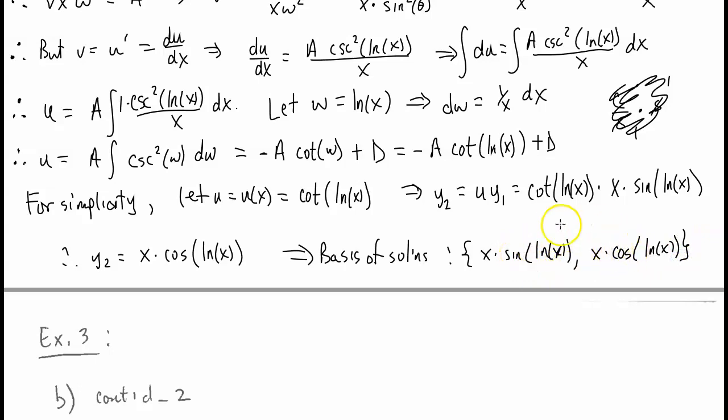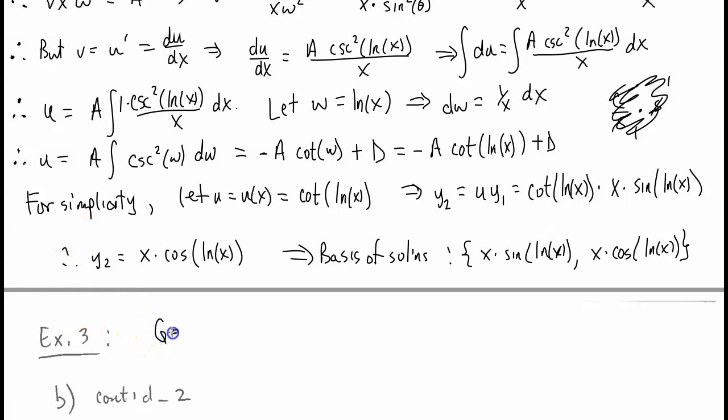And if we do any linear combination of these two functions, then whatever we come up with will also be a solution of our differential equation that we were trying to solve.